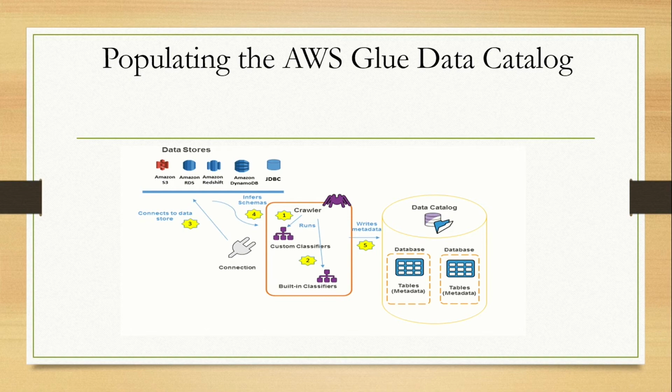Populating the AWS Glue data catalog. When the crawler is connected to any data source, it is going to retrieve the data. There are some filters in between. It's not exactly filters, but it looks at the data to see what the pattern is. There are built-in classifiers and custom classifiers. Built-in classifiers are for JSON, CSV files and Parquet files.